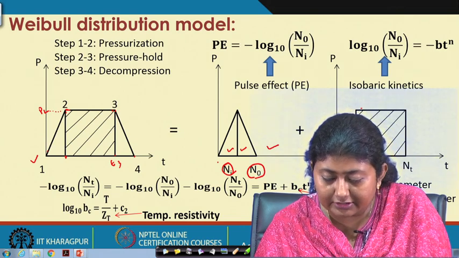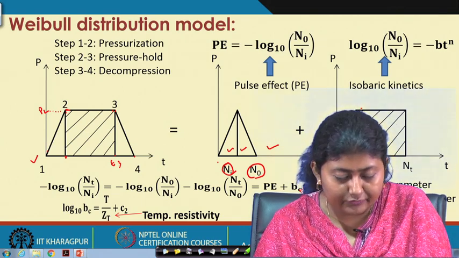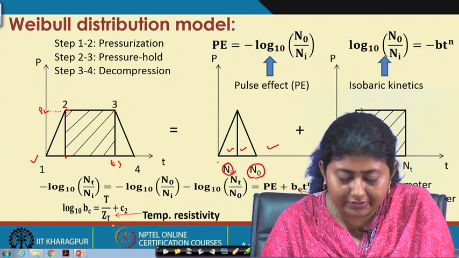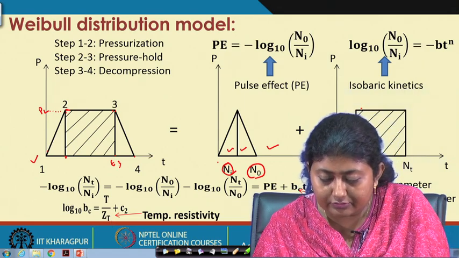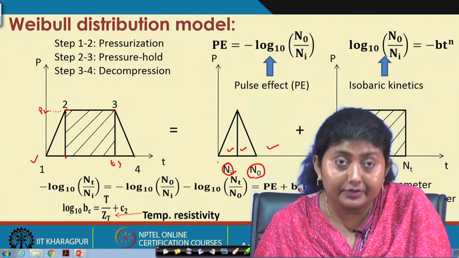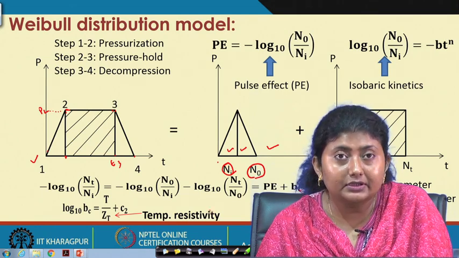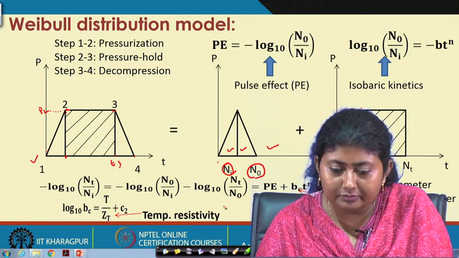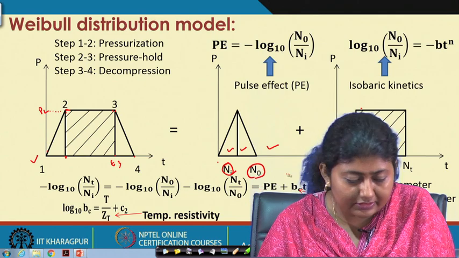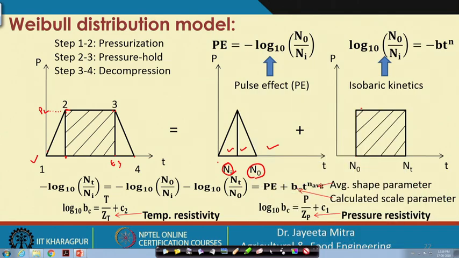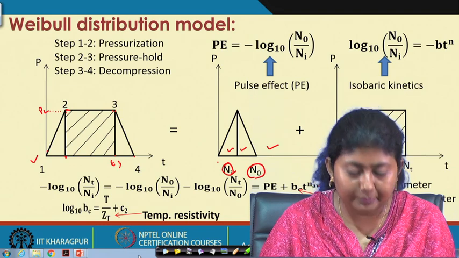Here Zp signifies the pressure resistivity. So, temperature resistivity and pressure resistivity, these two are the parameters by which we can assess how much destruction of the microorganism will take place, and using this combined equation we can assess the destruction of the microorganism. So, this is how the Weibull model is interpreted.